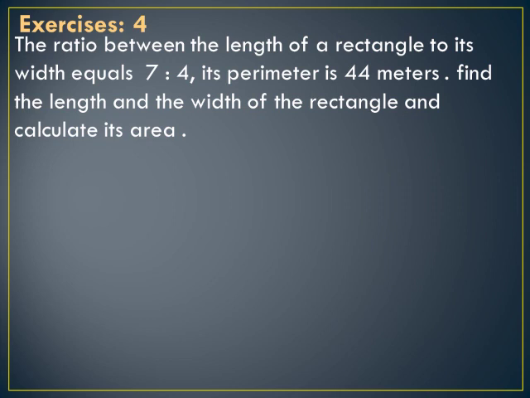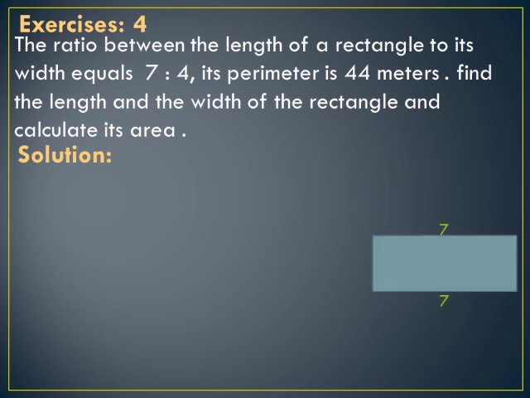Find the length and the width and calculate the area. Listen, primary, I have a rectangle whose dimensions ratio is 7 to 4. Okay, length to width, 7 to 4.